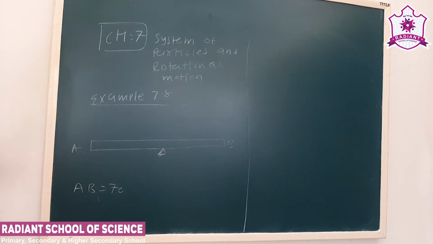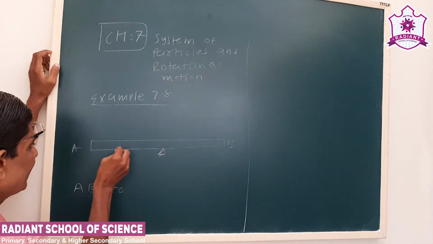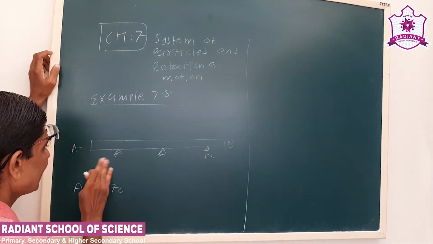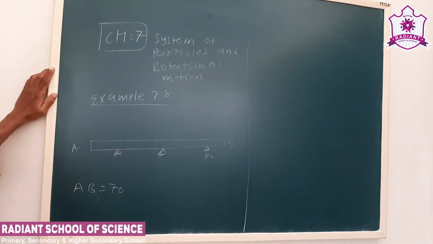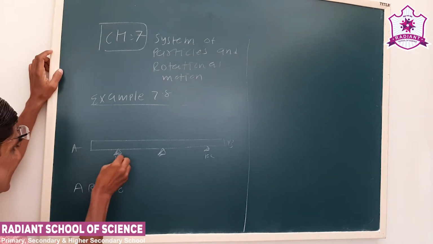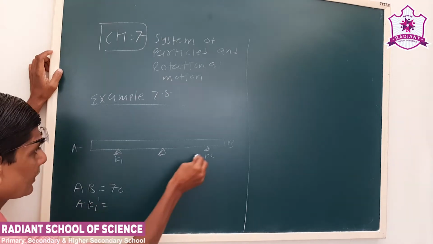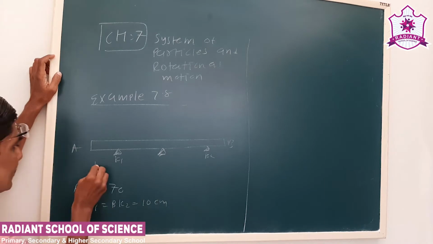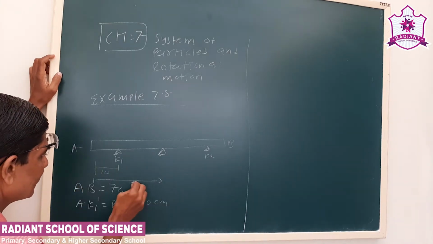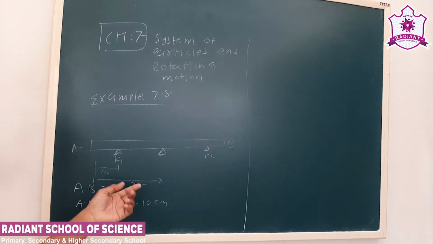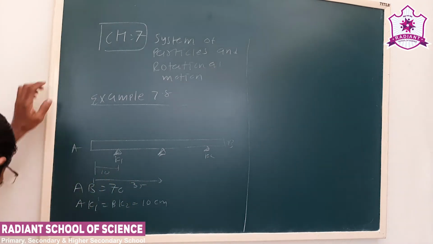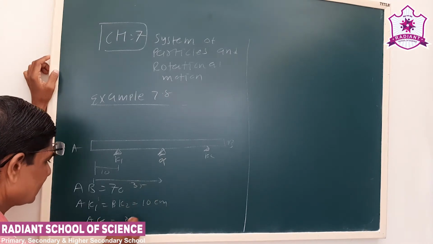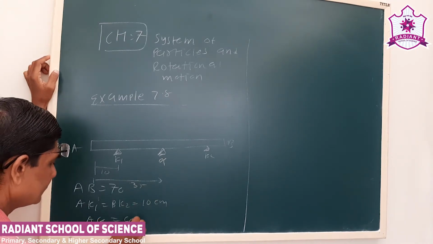Now see two knife edge supports, let us say K1 and K2, which are at a distance of 10 centimeter. Let us say AK1 and BK2 are 10 centimeter. This is 35 centimeter, because the fulcrum will be at the midpoint, so the total distance AG will be 35 centimeter. AG and GB.